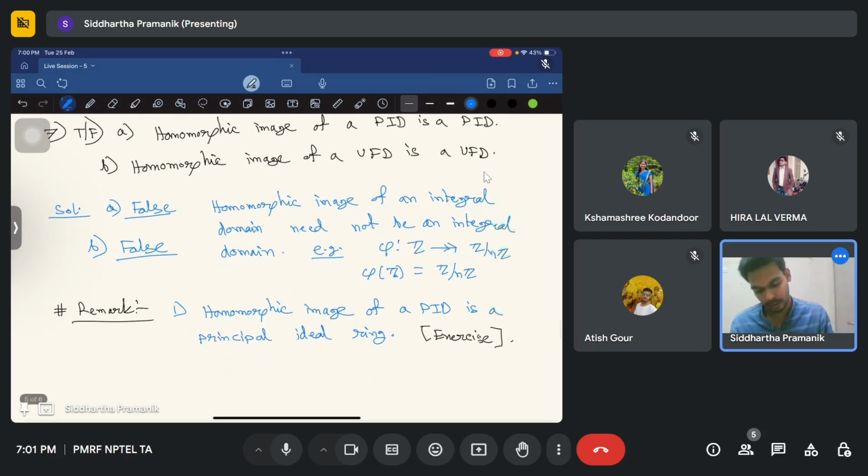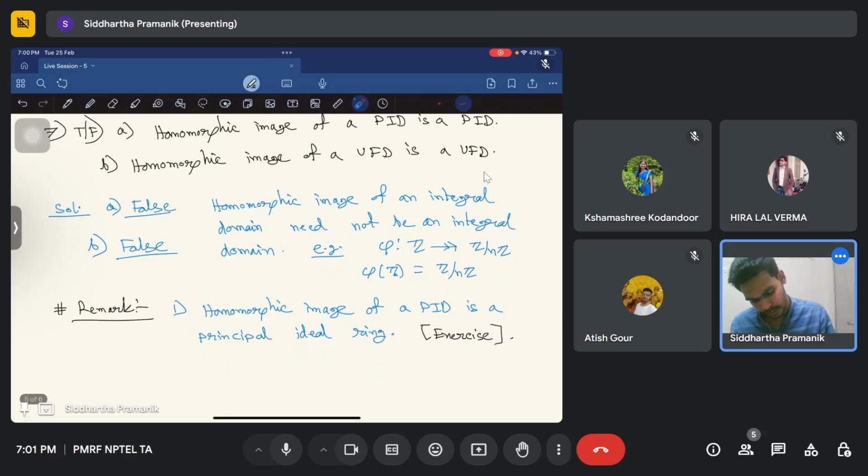And in the second case, if we assume that the homomorphic image is an integral domain, then integral domain plus principal ideal ring is a principal ideal domain. So in that case, it will be true.